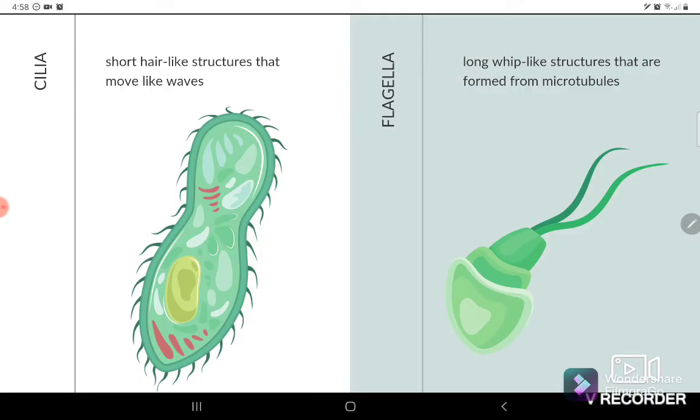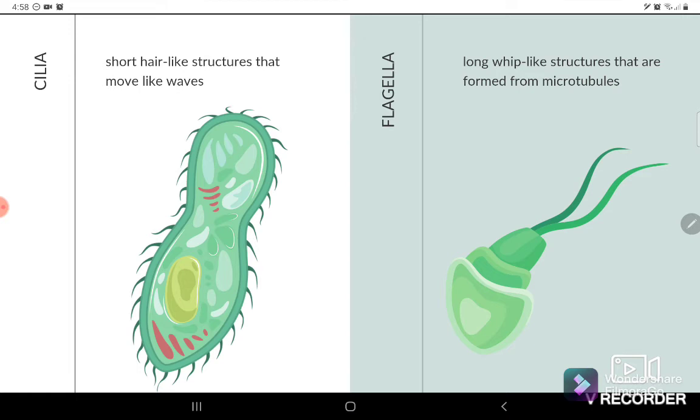In this picture, we have the paramecium, a ciliated microorganism surrounded by cilia, and these cilia are used by the paramecium to move from one place to another. The cilia do a wave-like movement to transport the paramecium.